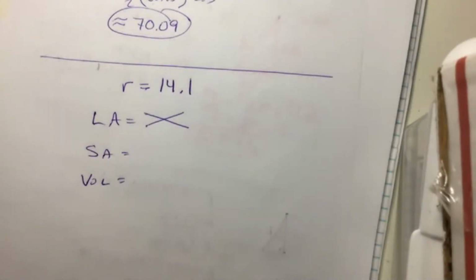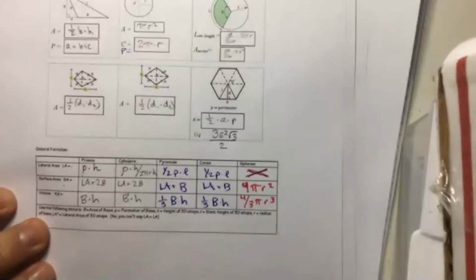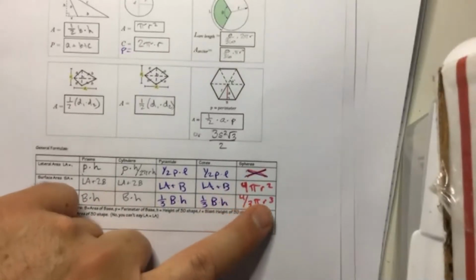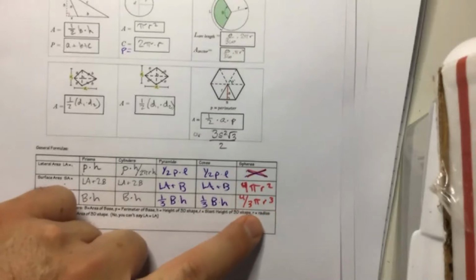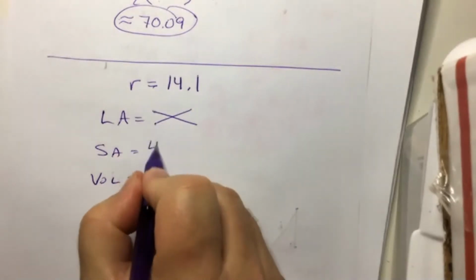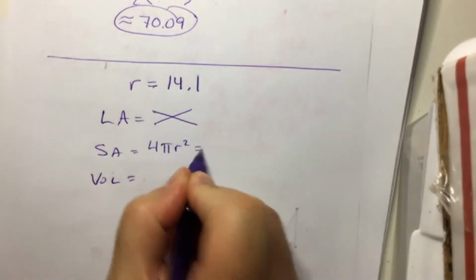You're never going to need to calculate that. But on that sheet that I gave you, that's also in Google Classroom, the formulas for spheres are right here. 4 pi r squared for the surface area, and 4/3 pi r cubed for the volume.